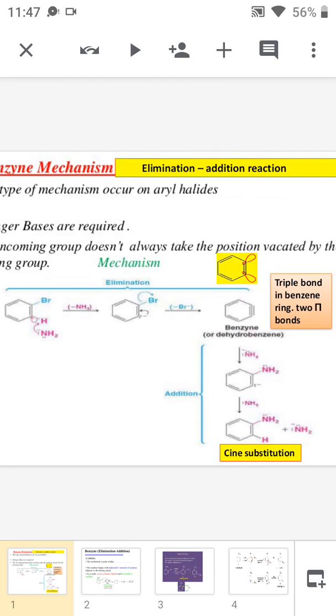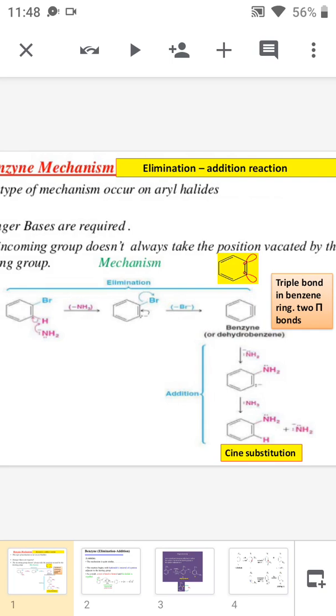And we know that the benzyne intermediate is a triply bonded benzene ring, and here I have shown it in the yellow box. Here a sigma bond is there and two pi bonds are formed. One pi bond is formed by the sidewise overlap of the p orbital, which is perpendicular to the plane of the benzene ring, and the next pi bond is formed by the overlapping of the p orbital, which is in the plane of the benzene ring.